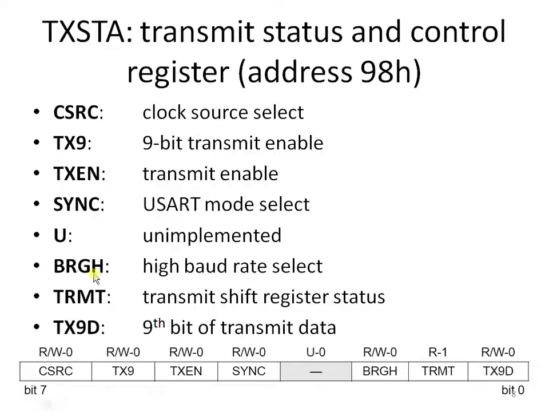And for high speed or low speed baud rate, you have to use BRGH. And then you have TRMT. We have to monitor this bit while transmitting the data, because it will give you the status of the shift register. And then you have TX9D. So if you want to transmit 9-bit data, then 8 bits should be placed into one buffer register, and the 9th bit should be placed inside this particular bit.